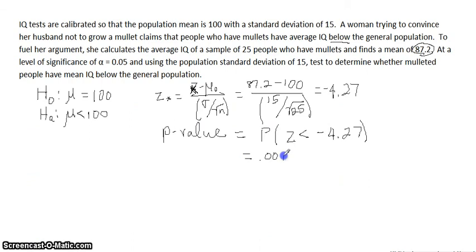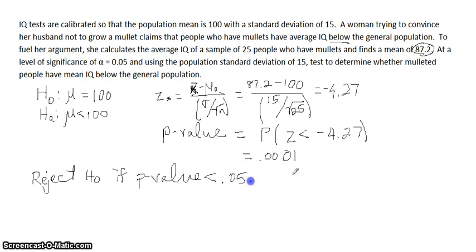So 0.0001. And as always, we're going to reject H naught if the p-value is less than alpha, which in this case is 0.05. So our p-value, 0.0001, is indeed less than 0.05.